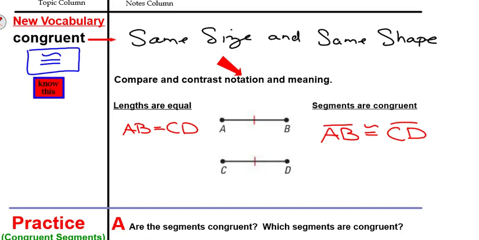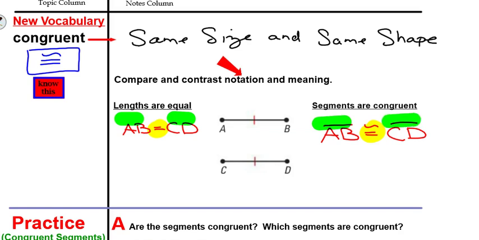Now, what I want you to notice is that there's some differences in these statements. Notice that we have an equal on this side. We have a congruent on this side. Notice over here, we didn't put any bars above the top. And on this one, we did put the bars on the top.